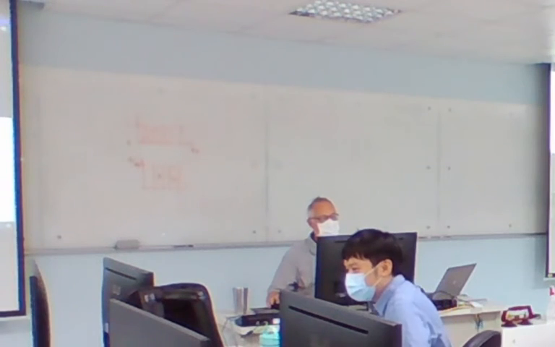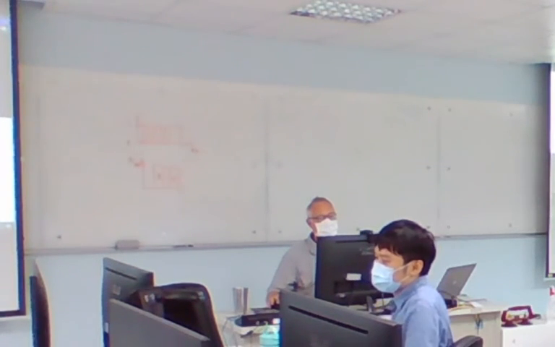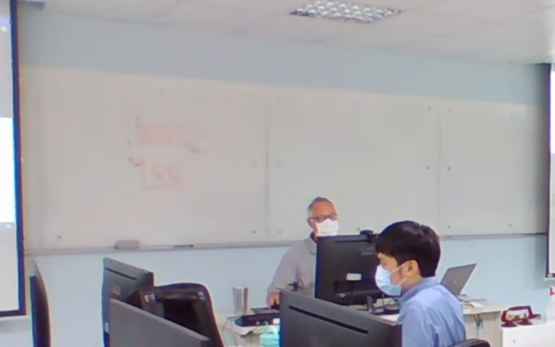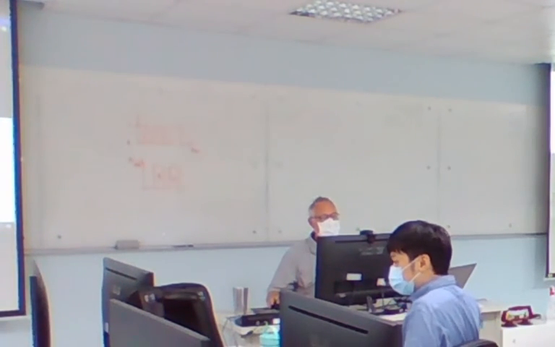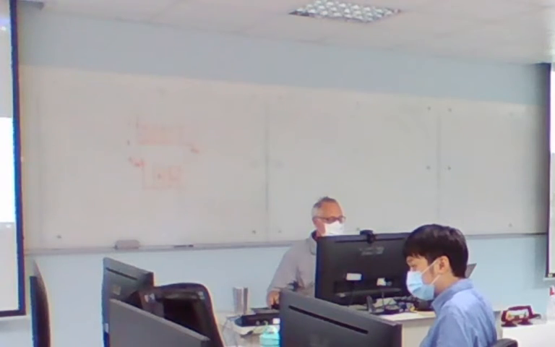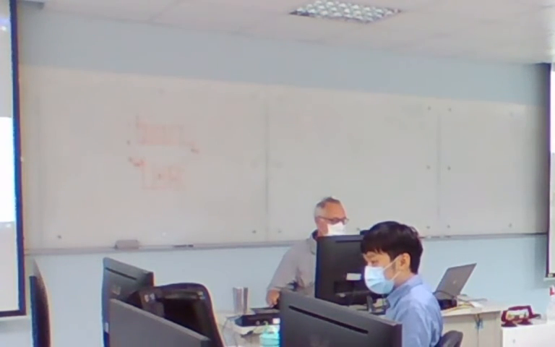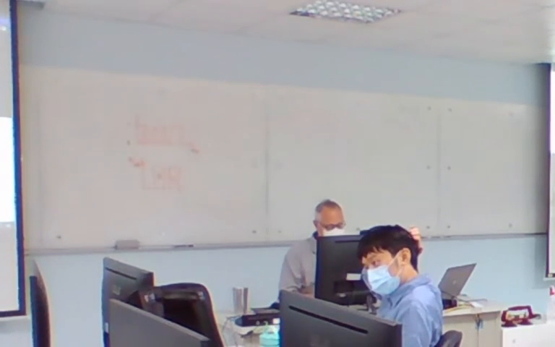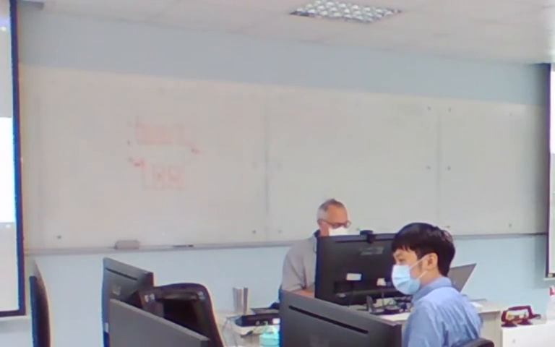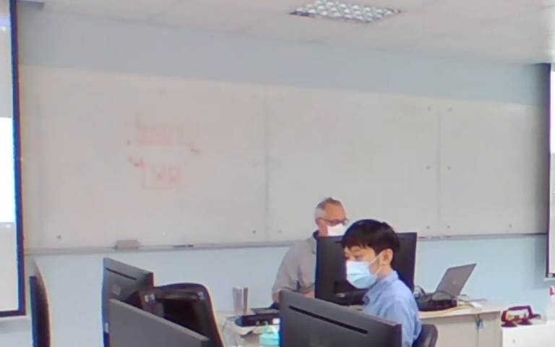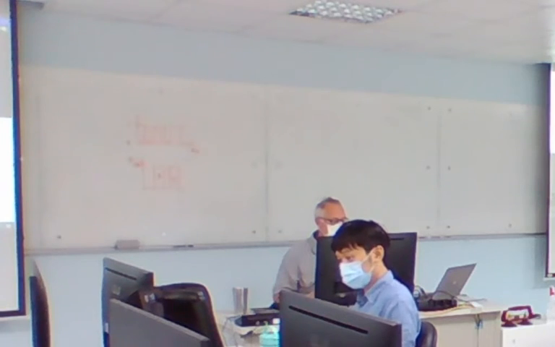Because the only thing I have in my array is zeros or ones. So if I want to figure out how many ones I have, I simply have to sum the array, divide by the length of the array, and then multiply by 100.